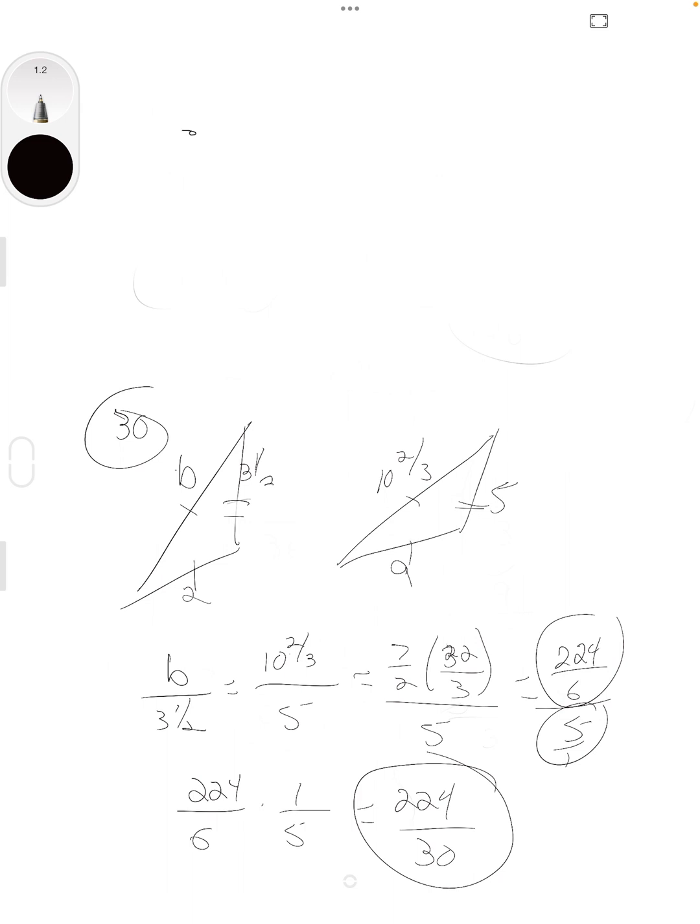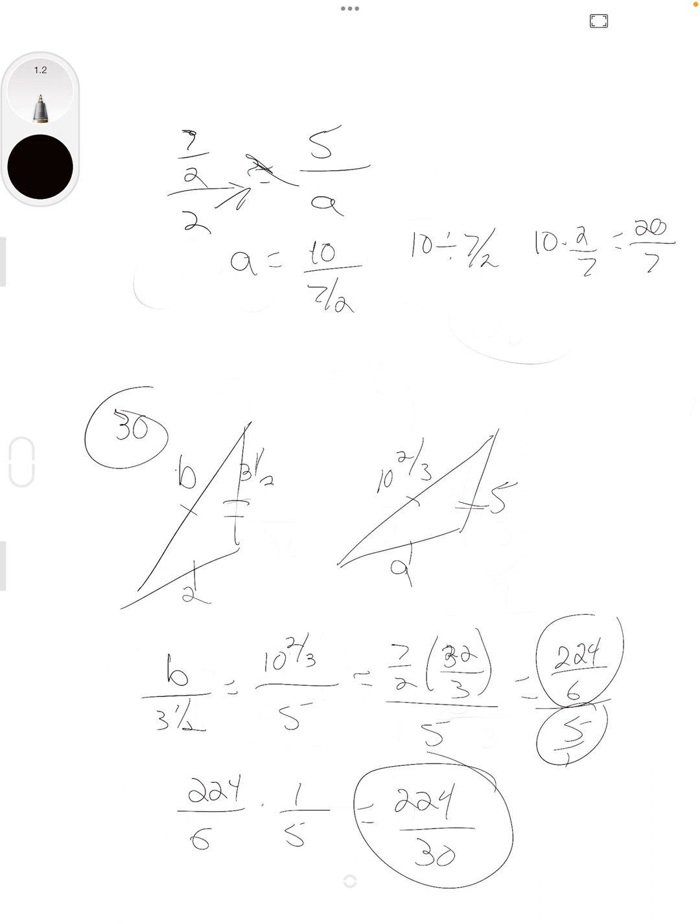So 3.5 or 7 halves is to 2 as 5 is to A. Okay, again, move the 2 up there, swap those. I end up with A equals 10 over 7 halves, or 10 divided by 7 halves, or 10 times 2 sevenths, which is 20 sevenths. So that's A, and that's B. And that's the end.